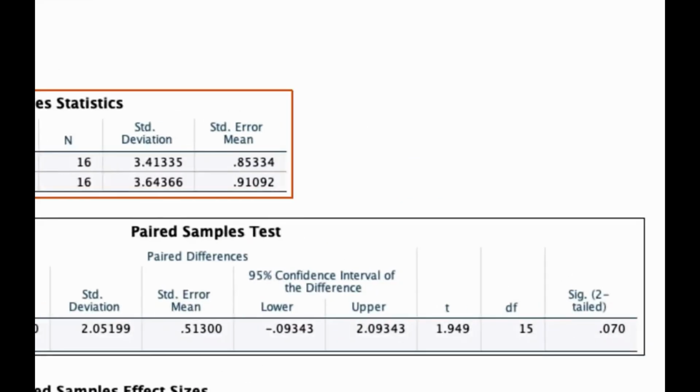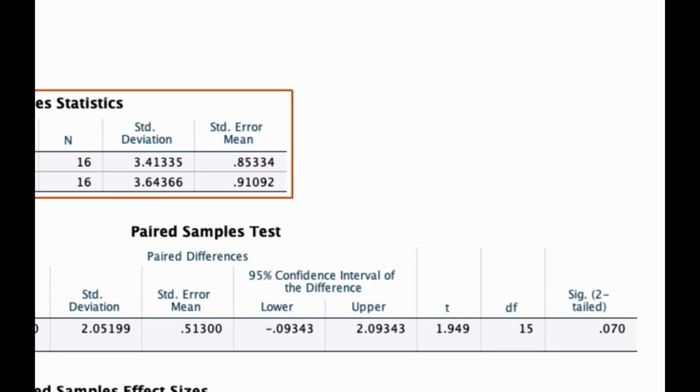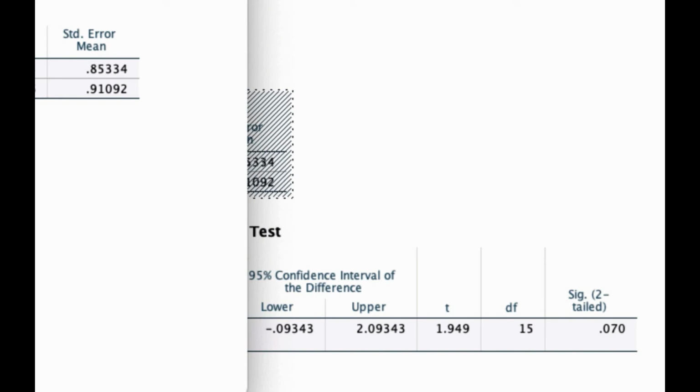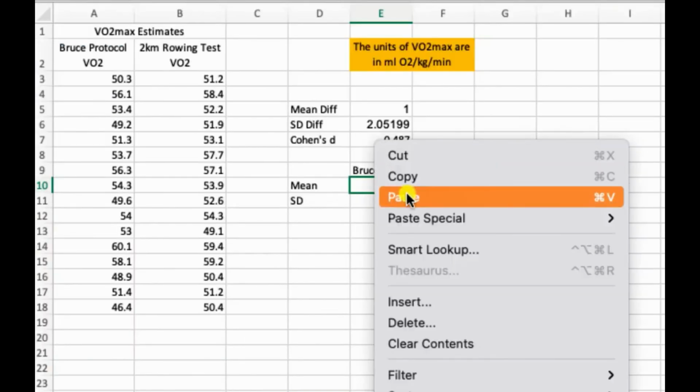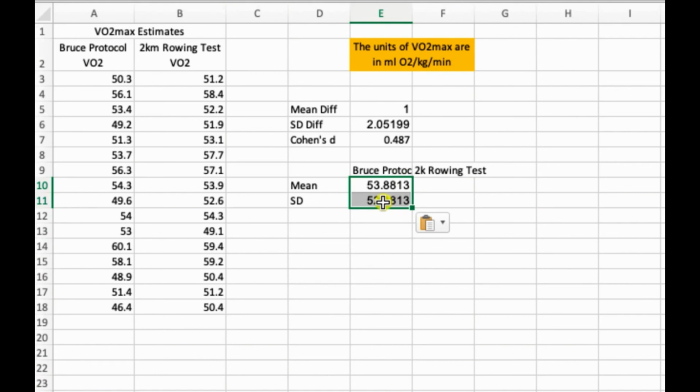I'll go back to SPSS, since our mean and standard deviation were already calculated for us in the sample statistics. We can just copy and paste. I apologize in the video, instead of zooming in and out, I'm just going to paste everything in.